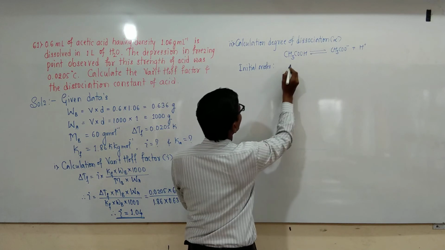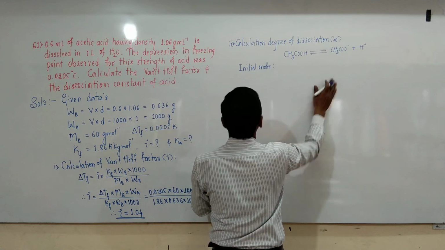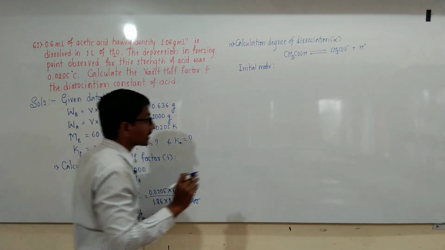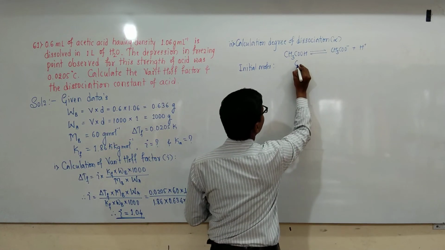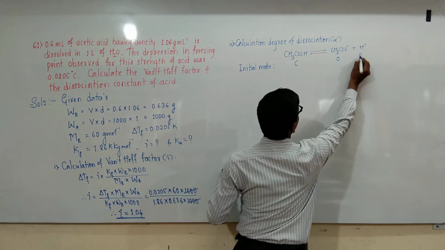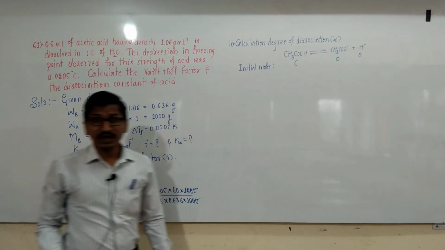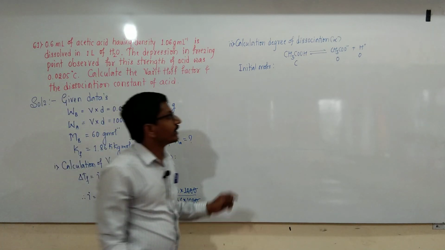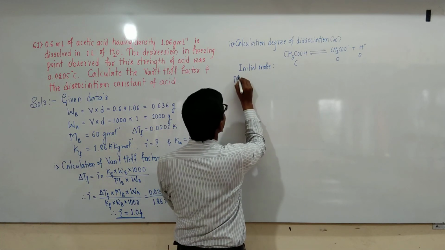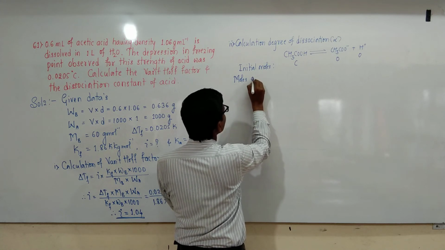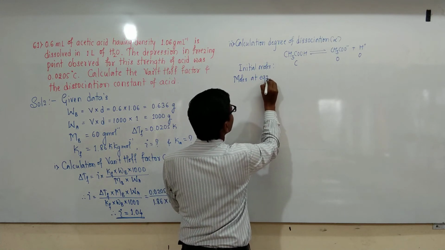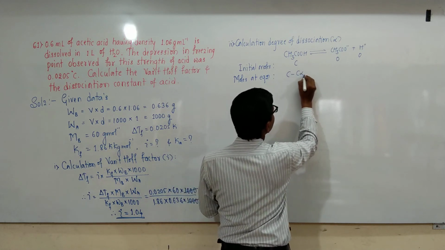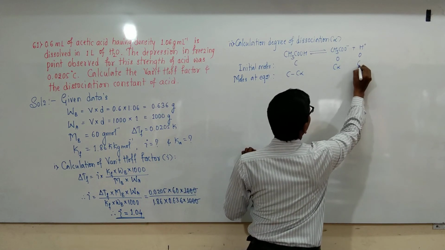Initial number of moles of acetic acid is C, and these are 0, and number of moles at equilibrium is C minus C alpha, C alpha, C alpha.